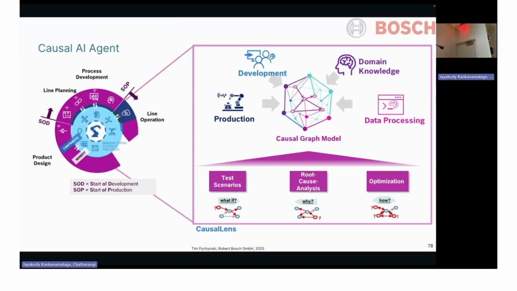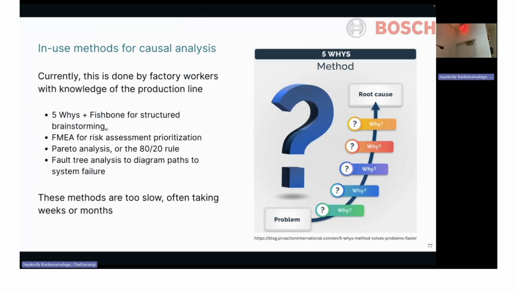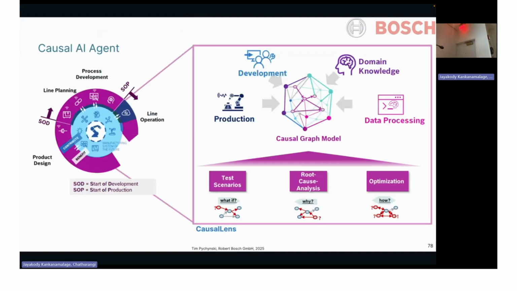The development data would be any kind of information that the engineers can actually bring to the table and tell us about the system. It's quite useful. Domain knowledge is related to the process knowledge and manufacturing knowledge that Chaturanga is developing within the knowledge graphs. And then based on this causal graph model, we can do the root cause analysis and process optimizations. Yeah.